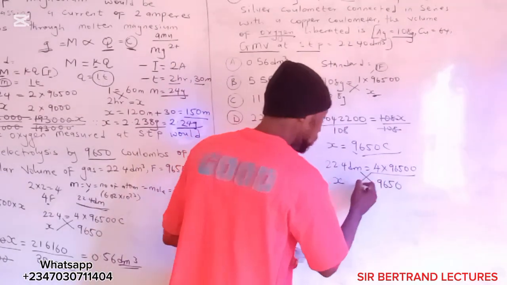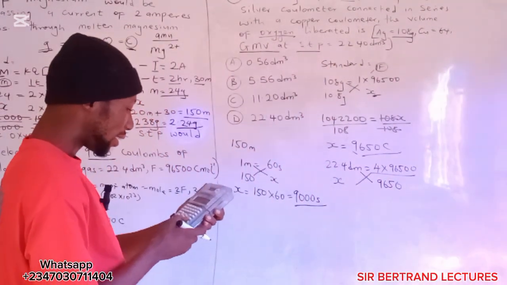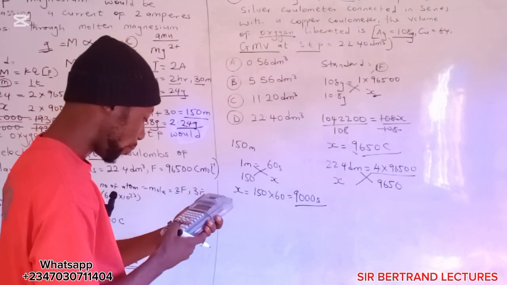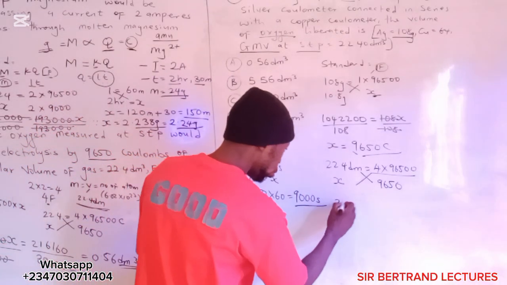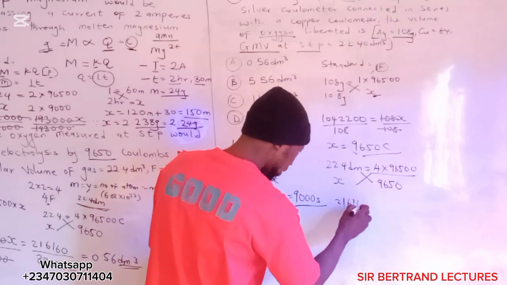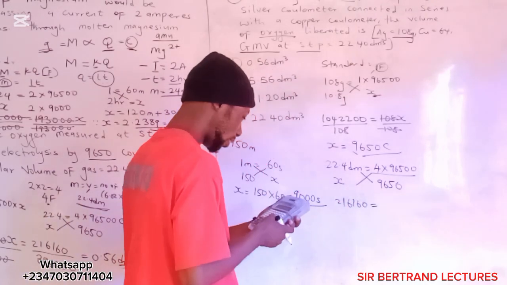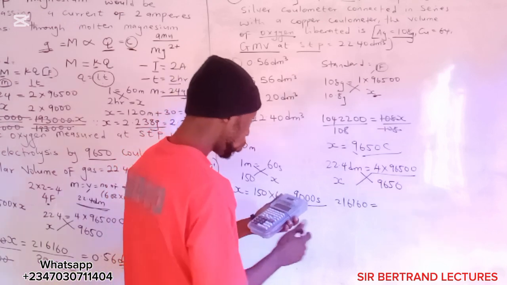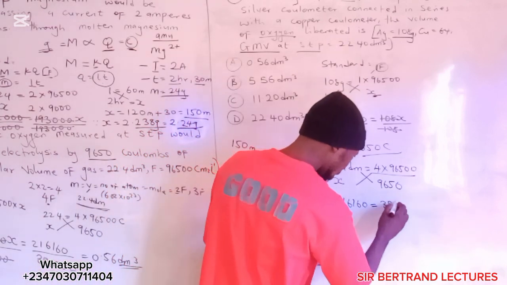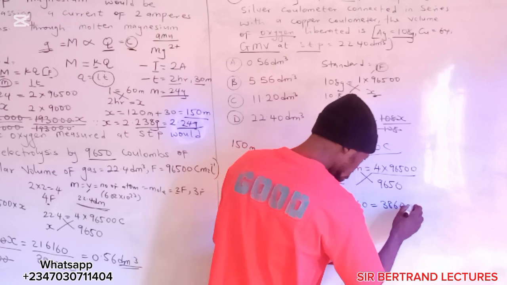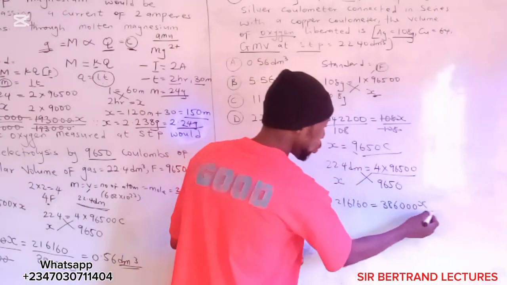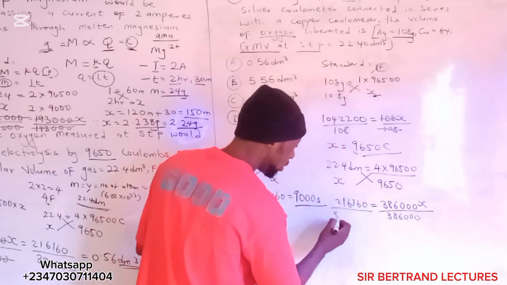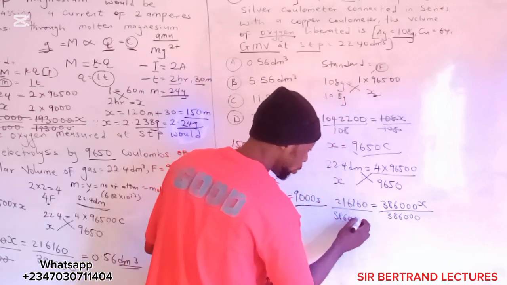Then all over 9650. You have to cross and multiply again. 9650 multiplied by 22.4 will give us 216,160 against 4 times 96500, equal to 386,000x. Divide by 386,000, divide by 386,000.